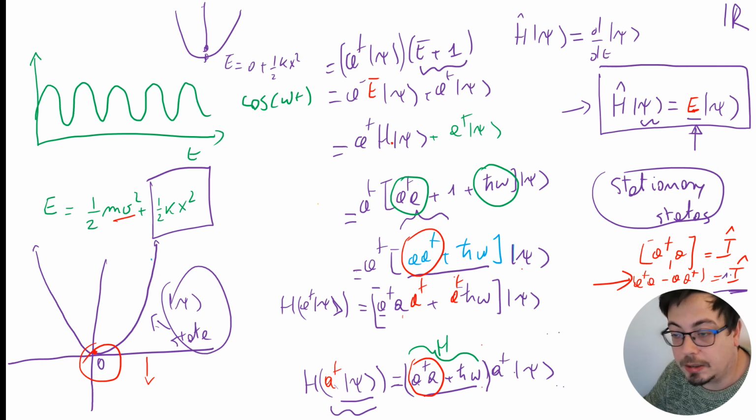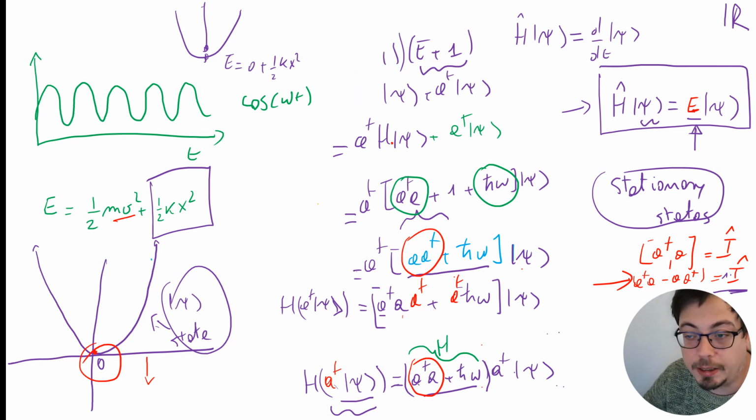You cannot increase less than this amount of energy, and then you can see how to scale things up. By the way, this is called the creation operator as well, because it creates a quanta of energy in your system.